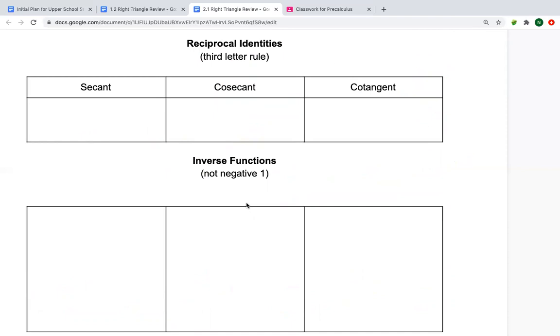So it's going to be 1 over either sine, cosine, or tangent. So that's what it means by reciprocal. So secant, what it means when I say third letter rule in the notes, the third letter of secant is C. And so that tells me that it's 1 over cosine because it starts with the C.